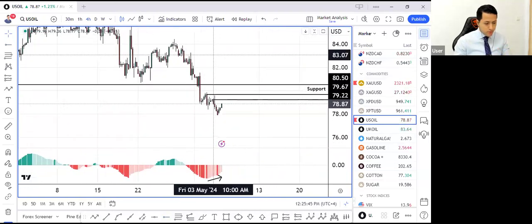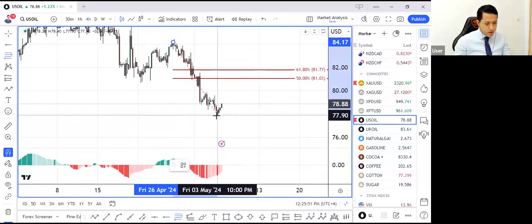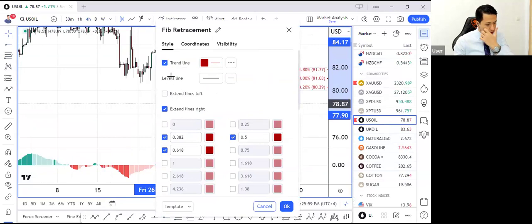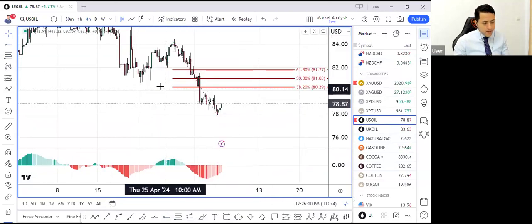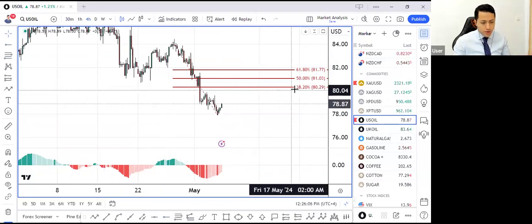And if you also check the Fibonacci retracement from here, I think this will be somewhere around the 38.2% Fibonacci. Yeah, so the 80.50 level that I'm looking at falls between the 38.20 and the 50% Fibonacci.